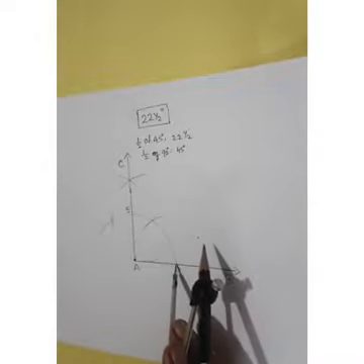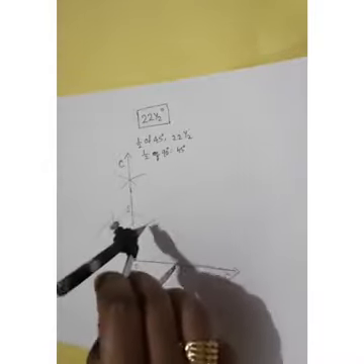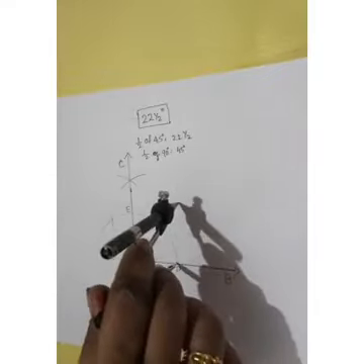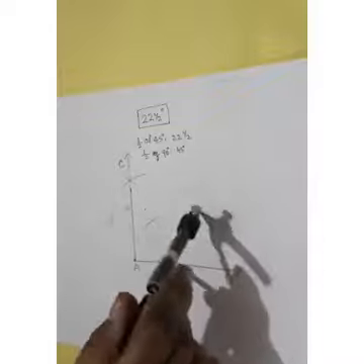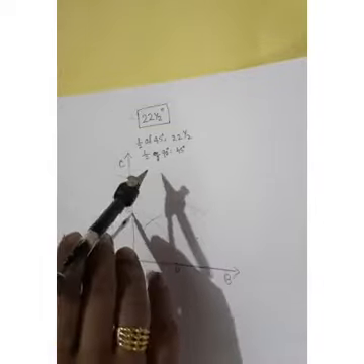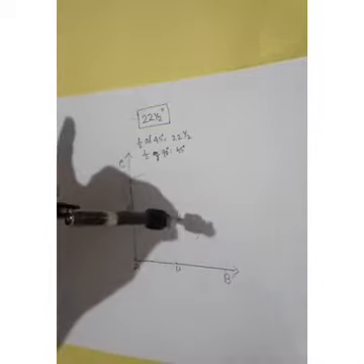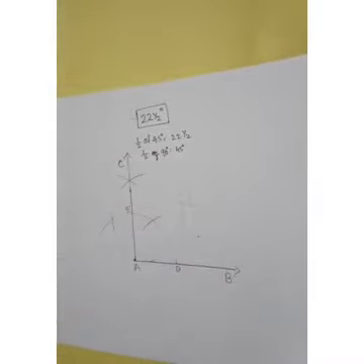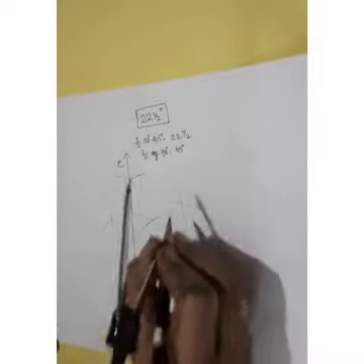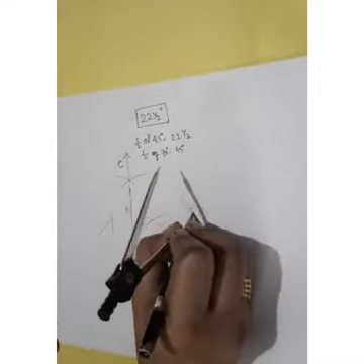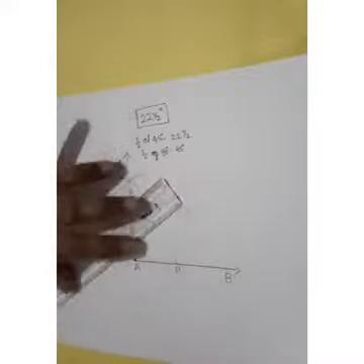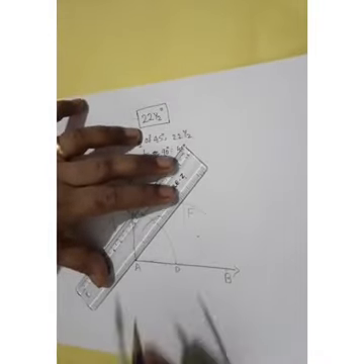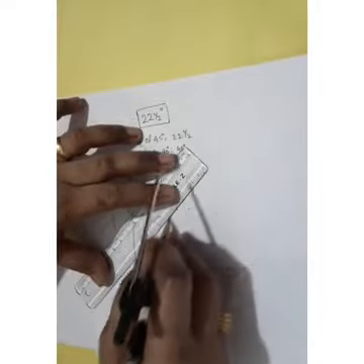So with center D, we have to draw an arc which is more than half of DE. That is the bisector construction. So one arc from D and from E, with D and E as centers, we have to draw two arcs which intersect at the point F, and that line is 45 degree. If we join, this angle is 45 degree.